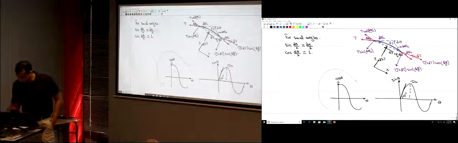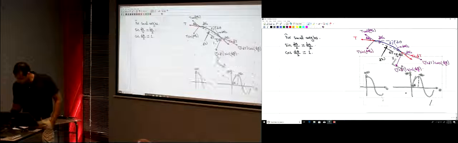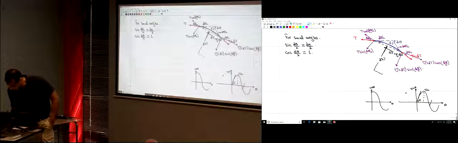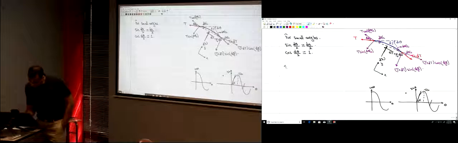So let's start doing this now. Let me try to make this smaller. This was the x and the y. Now let's see the summation of the forces in the x direction.